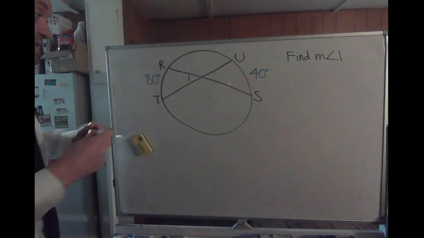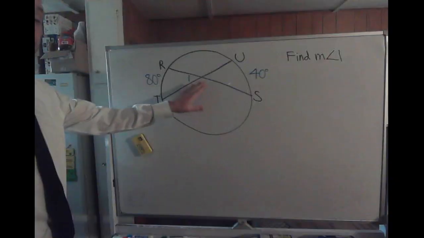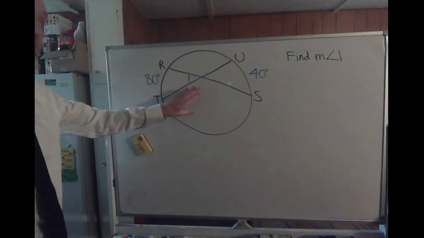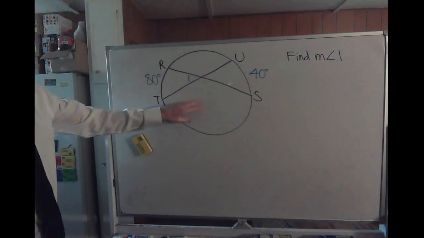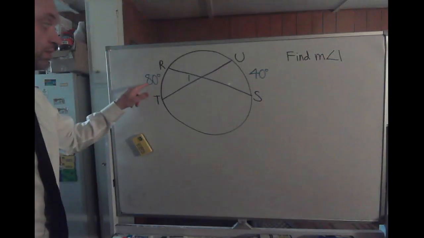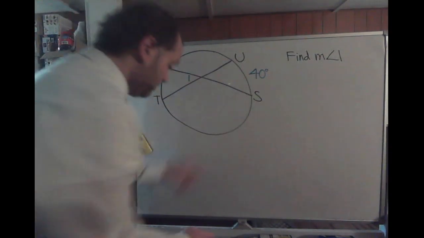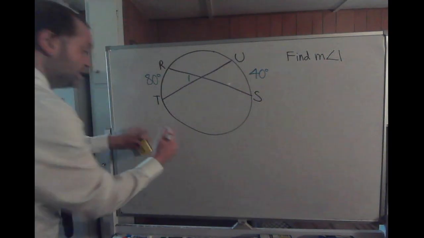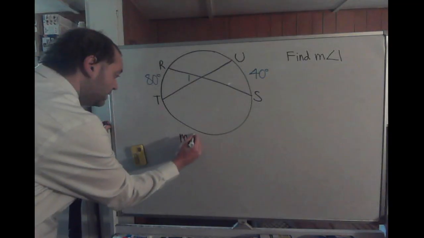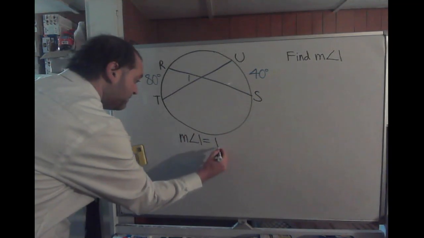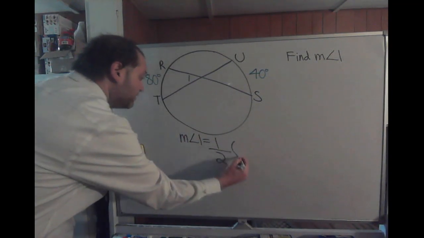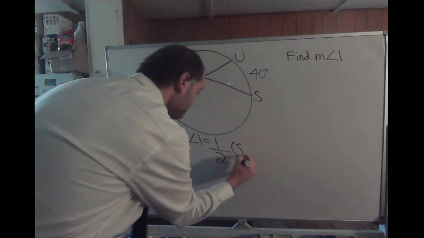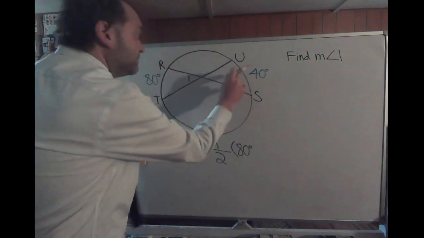Well, again, we see that angle 1 is formed by two chords that intersect inside of this circle. It intercepts the arc with 80 degrees and 40 degrees. So to find the measure of angle 1, you're going to take half the sum of the 80 degree arc and the 40 degree arc.